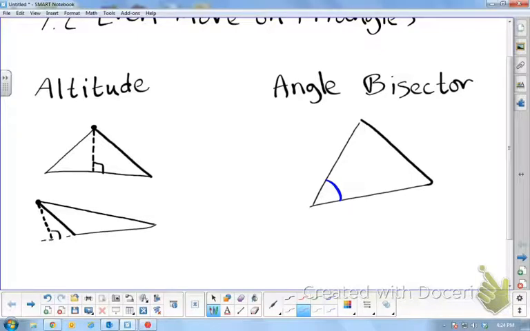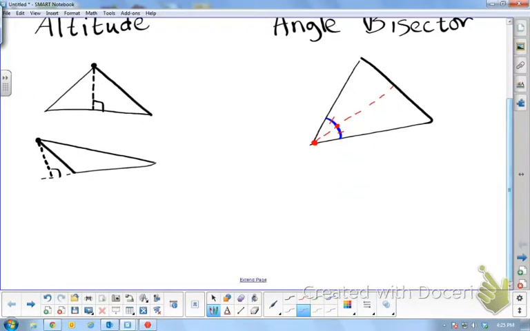So we're going to eyeball it and find the midpoint, about halfway along that angle. The angle bisector would be a straight line going from the vertex through the middle of the angle. And again, it kind of looks like it cuts that other side in half, but it doesn't have to. All we know is it cuts this angle in half equally.